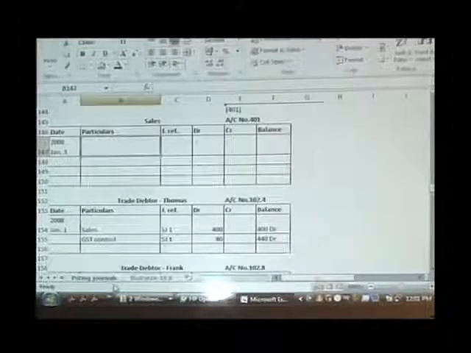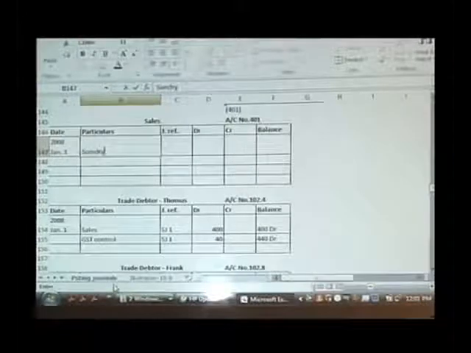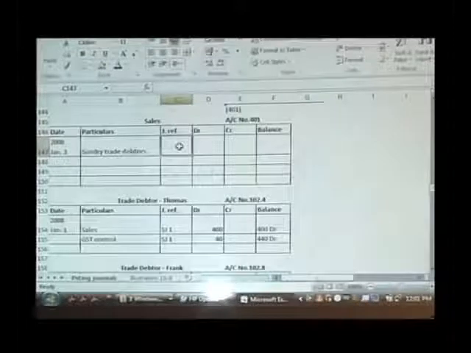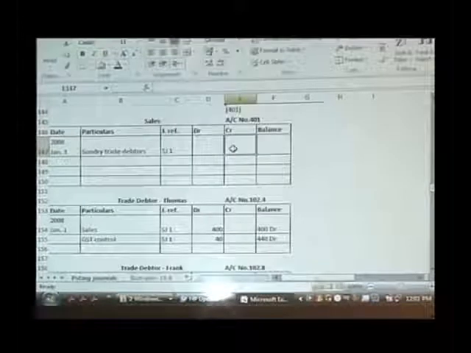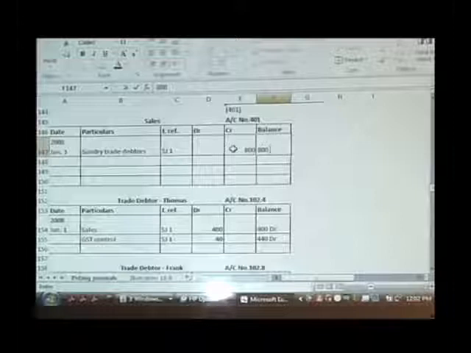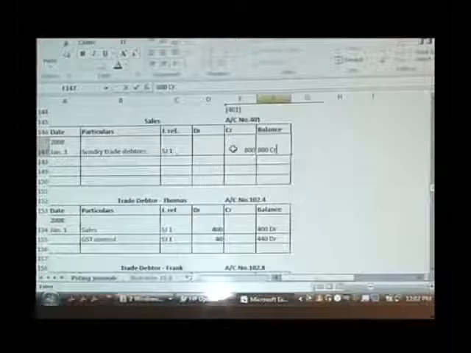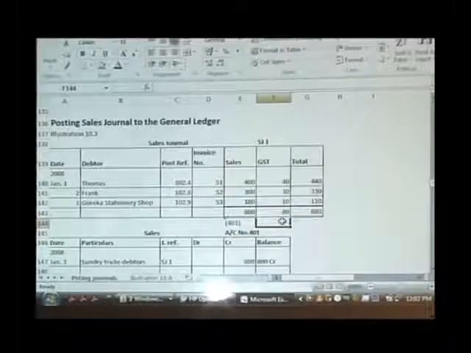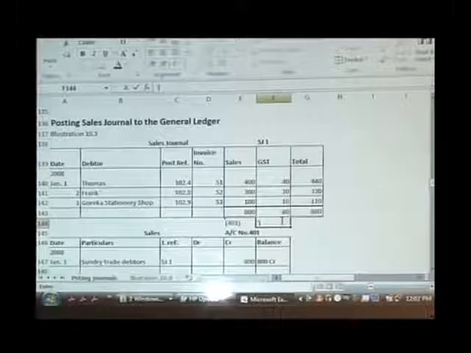Then we write here sundry trade debtors, and this reference is SJ1, sales credit 800, balance column 800 credit. Next, the GST column total is posted to the GST account, that is 208.